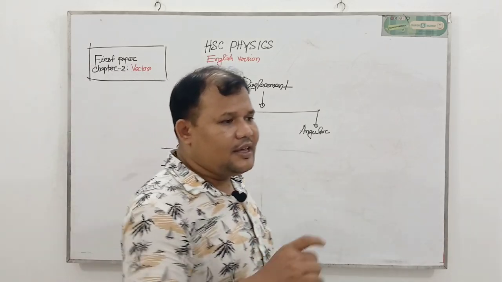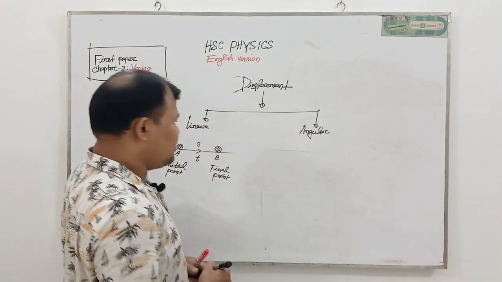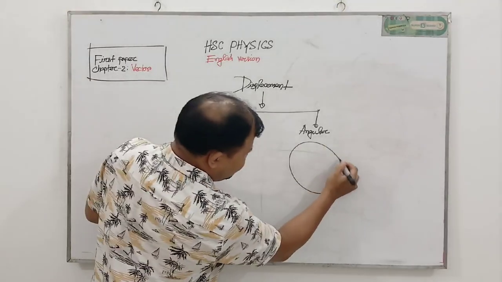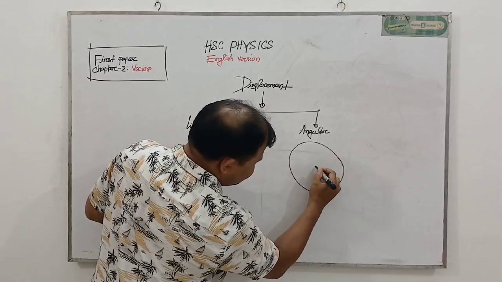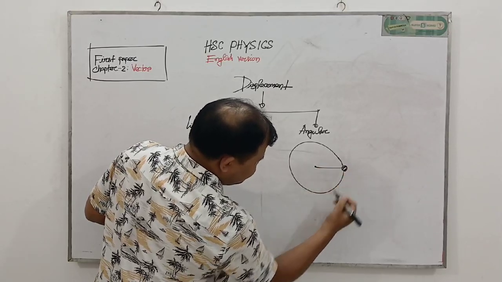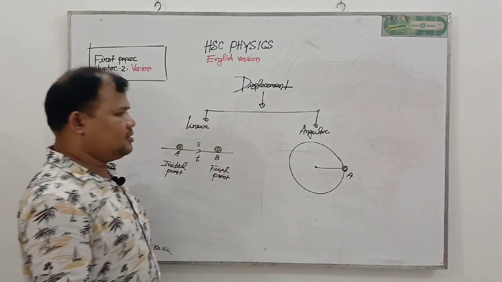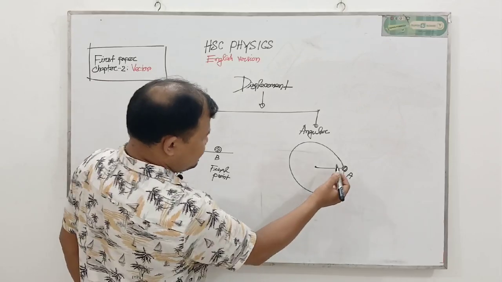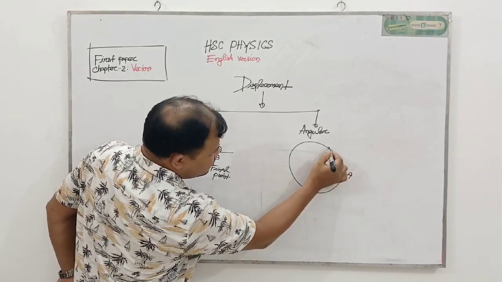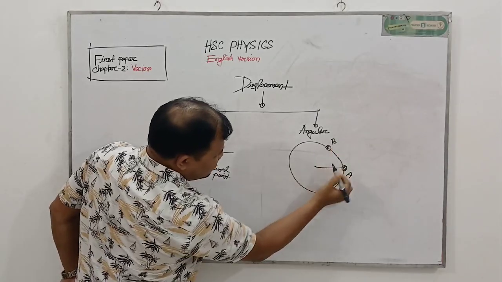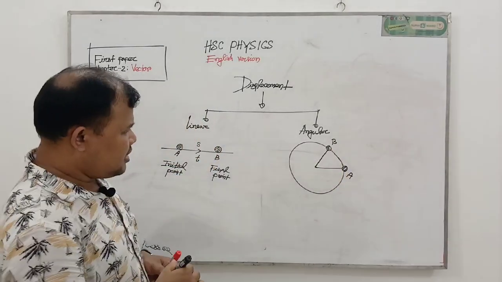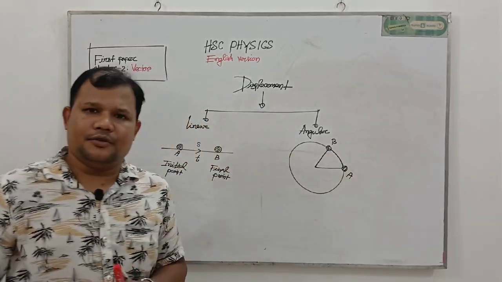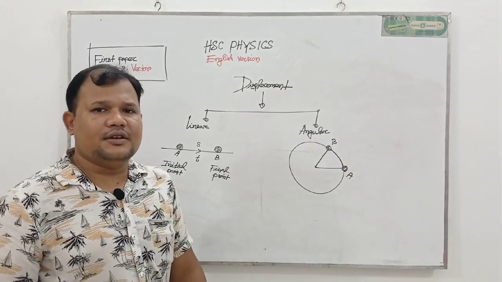My dear students, in the case of angular displacement, an object must be rotated. Suppose this is the rotational path, and a body starts its journey from point A, the initial point, to point B. As this is a curved path, we cannot call this linear displacement.